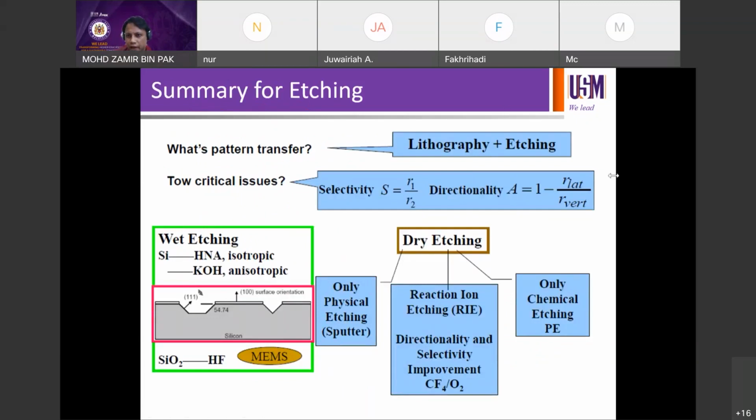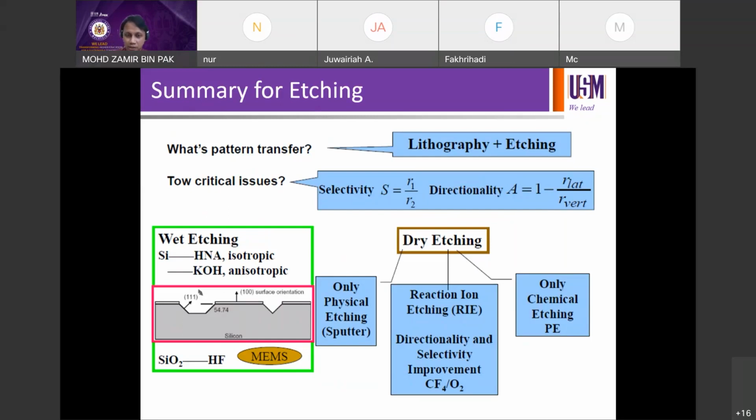So in summary, for etching, we're done with etching. There are a few things that you have to understand. It is a form of pattern transfer process. By this time, we know that to be able to have your pattern transferred from the reticle, from the mask, you cannot only rely on lithography, but you also have to remove the unwanted materials by etching. So pattern transfer involves lithography and etching because eventually you want to remove the resist, right?